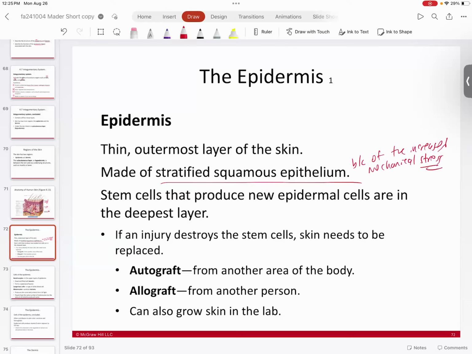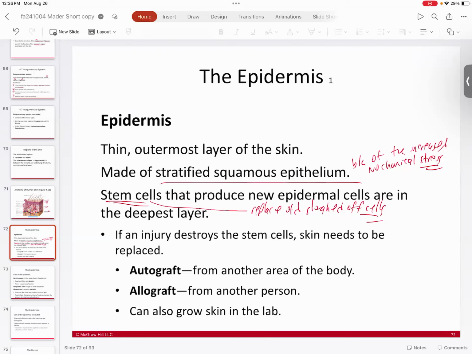So since you're always constantly scraping off skin and you're losing skin, you need stem cells to basically replace the old sloughed off cells. And so you're constantly replacing them. So they're injured or they're shed, but basically you have to replace. And so generally speaking, that's a constant process.